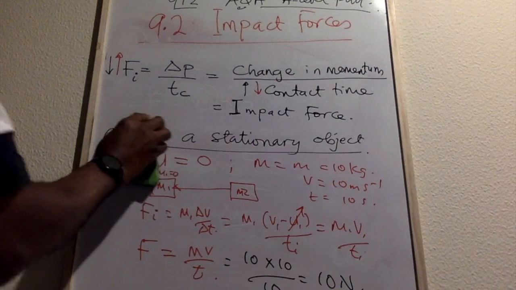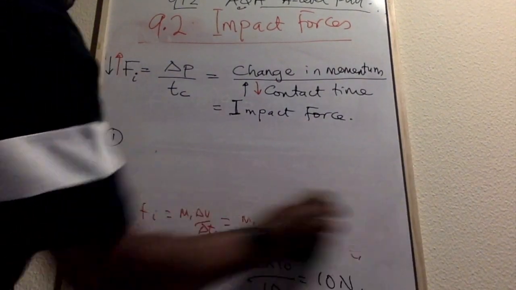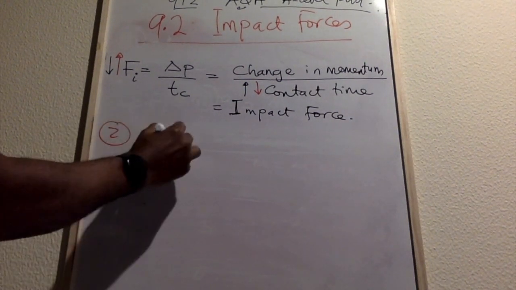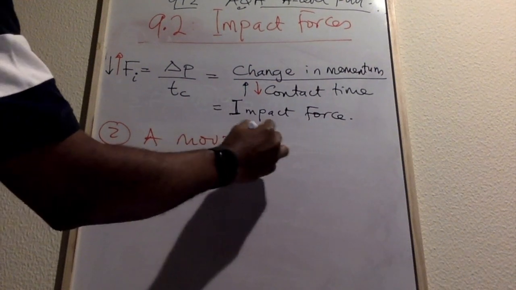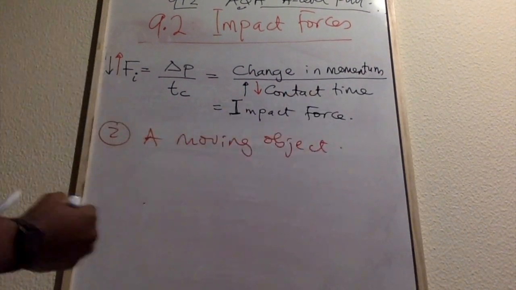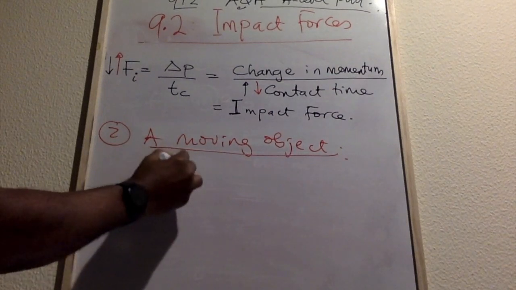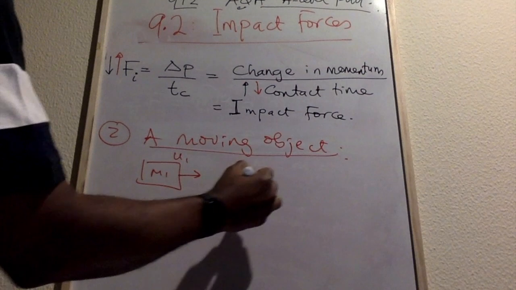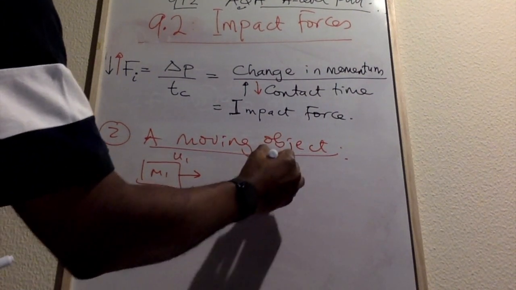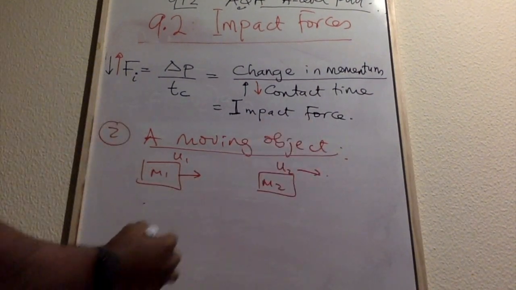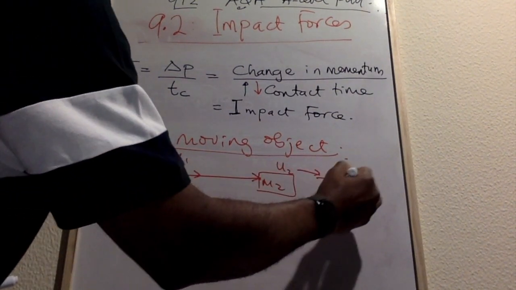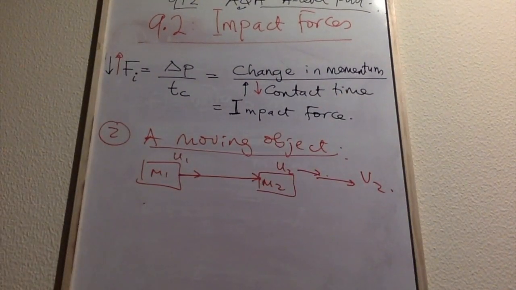Now, let's look at another scenario, when the object is actually moving. Scenario number 2 is a moving object. Here is an object m1 moving with u1, and here is an object m2 moving with u2, but suddenly m1 hits m2, and then m2 gains a new velocity v2.